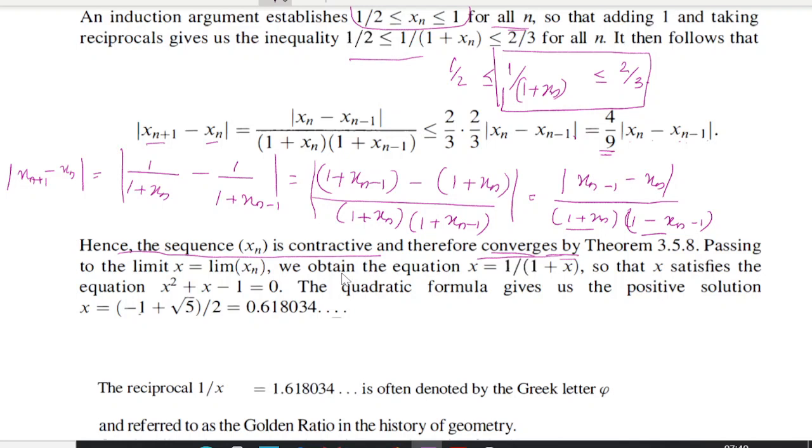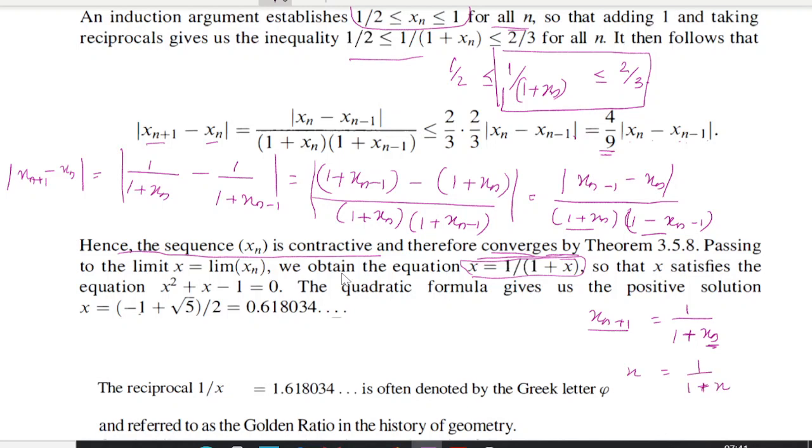So, finding the limit of xn, definitely this limit will satisfy the equation x equal to 1 by 1 plus x, because we are finding xn plus 1 equal to 1 by 1 plus xn. So when you are applying the limit, this limit and this xn limit both should be the same, right? So it should satisfy x equal to 1 by 1 plus x.